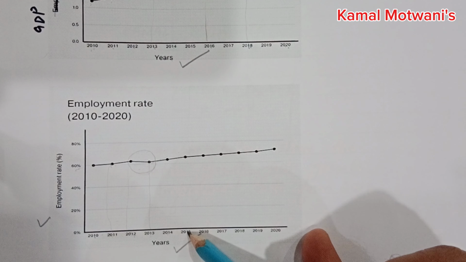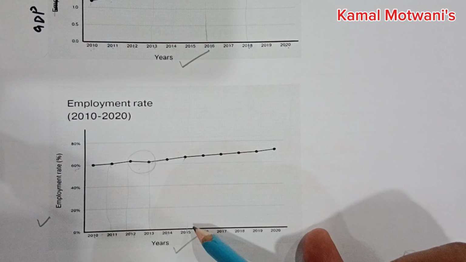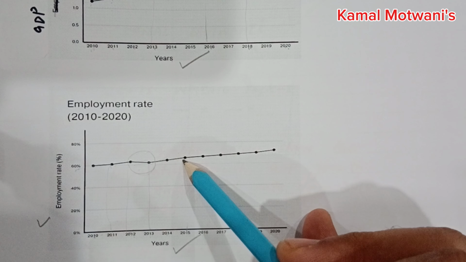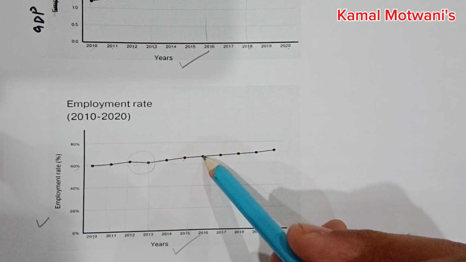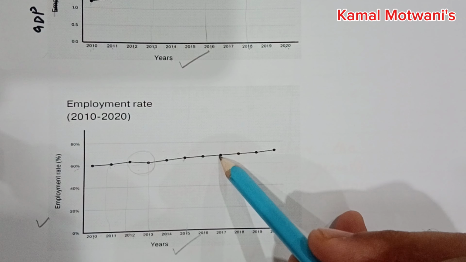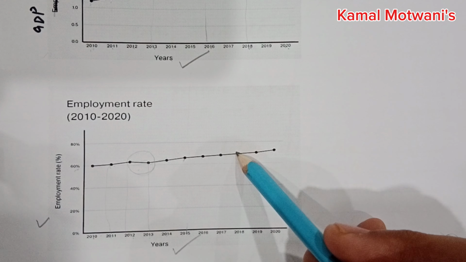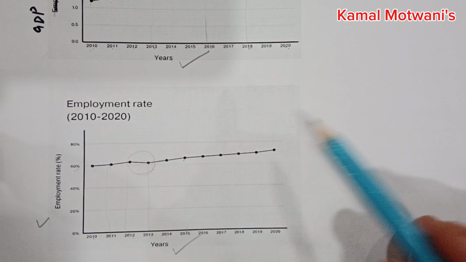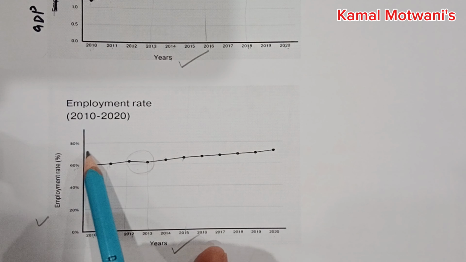In 2015 it reaches 66%, and then in 2016 it reaches 67%, then 68% in 2017. In 2018 it reaches 69%, in 2019 it reaches 70%, and in 2020 it is a bit over 70%, you can see.